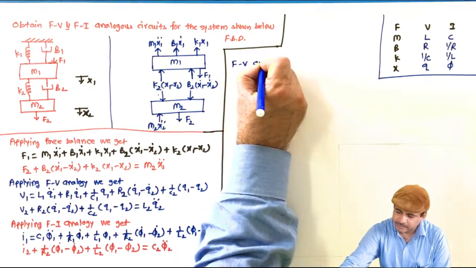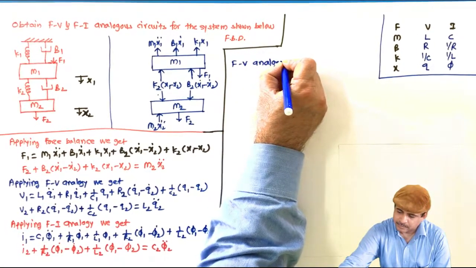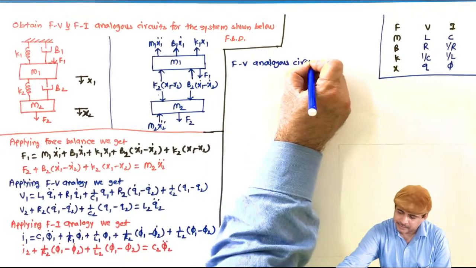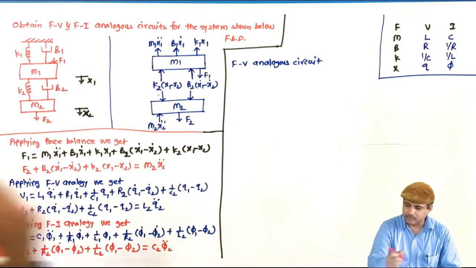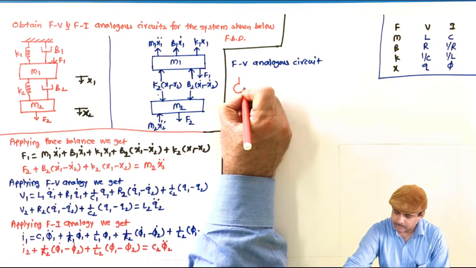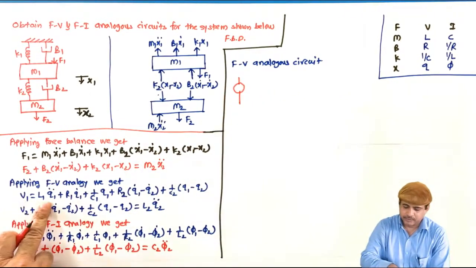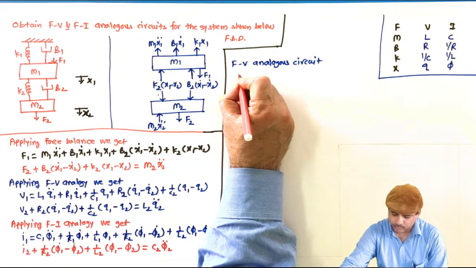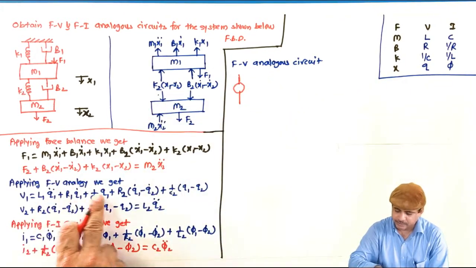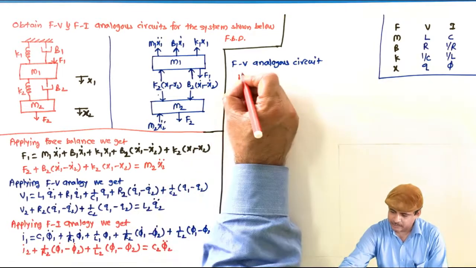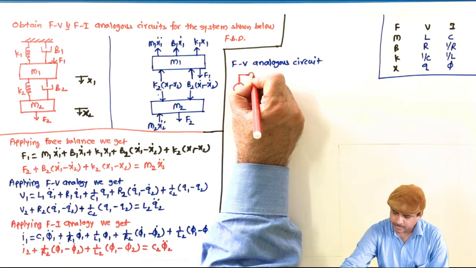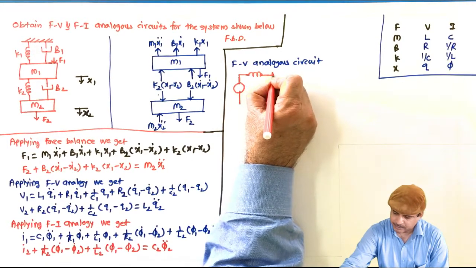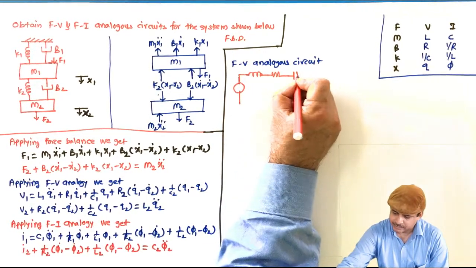The F to V analogous circuit is nothing but this. Here we have V1. These three will be in the same loop because they have the same current, so L1, R1, C1.